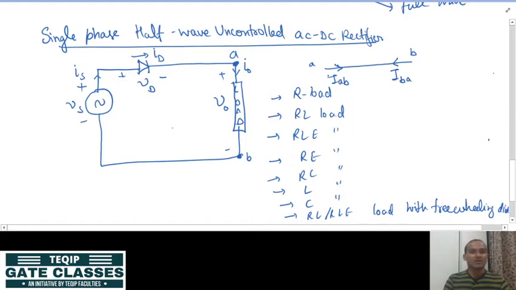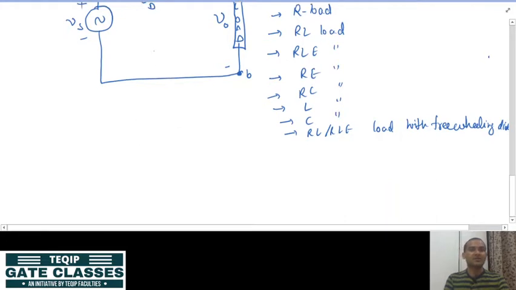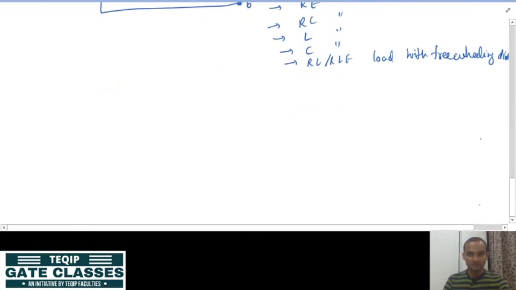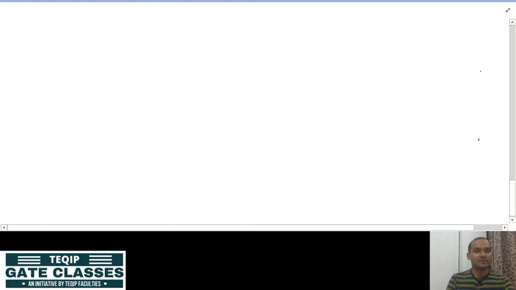All right. So, let us start with our very simple circuit, that is half wave uncontrolled rectifier with R load. Here I am having this rectifier circuit.